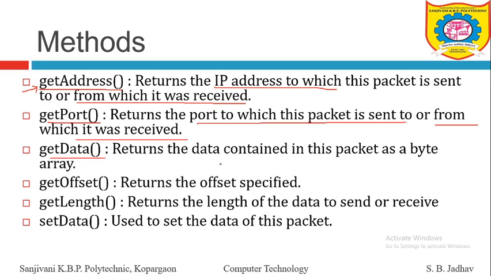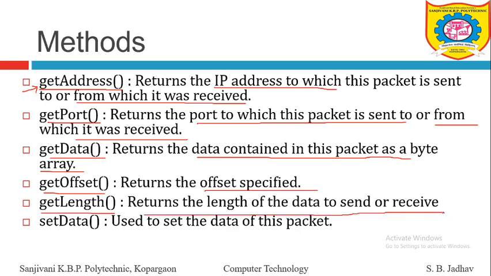The getData method returns the data contained in the packet as a byte array. GetOffset method returns the offset specified for the datagram packet. GetLength method returns the length of the data to send or receive. SetData method is used to set the data in this packet. So these are some of the commonly used methods of datagram packet class.